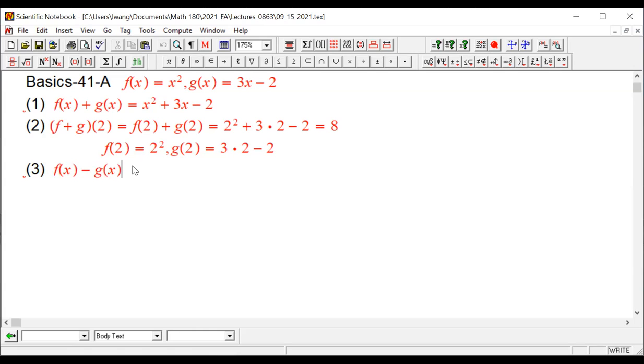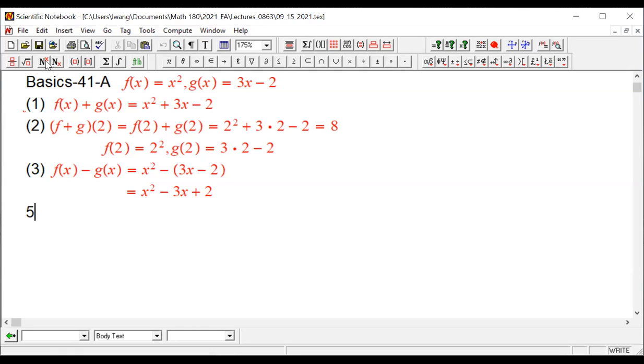That would be subtracting: f of x minus g of x. And you're going to open up the parentheses. So x squared minus 3x plus 2. That's number 3, done. Oh, that's number 4, my bad.